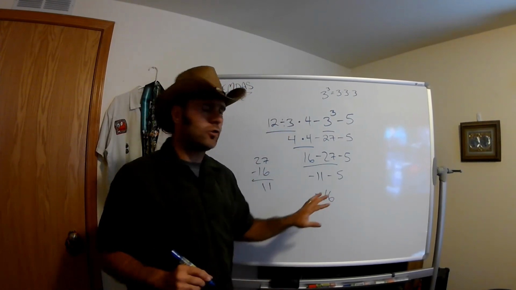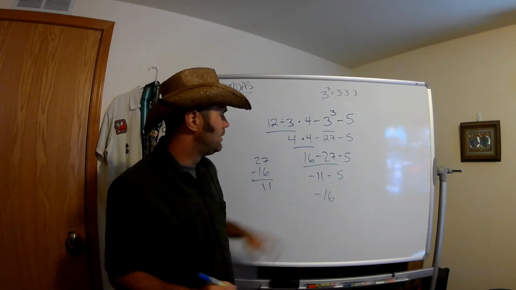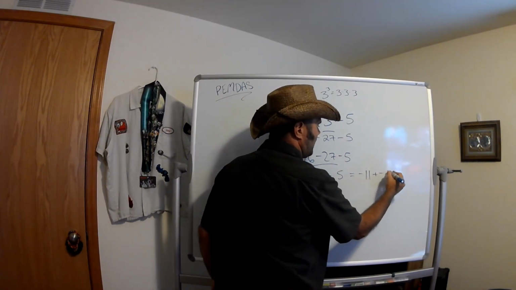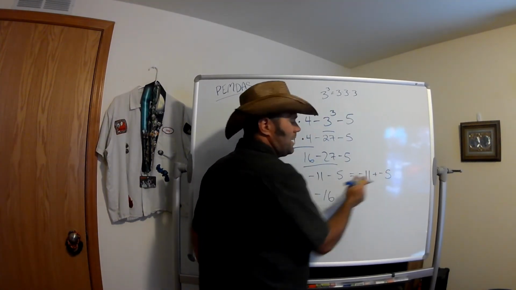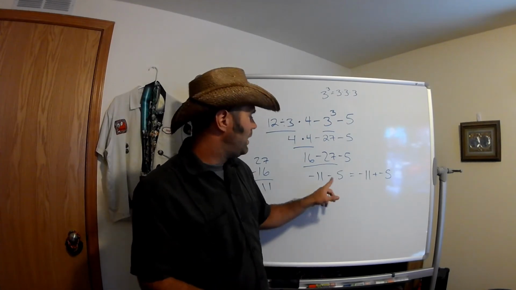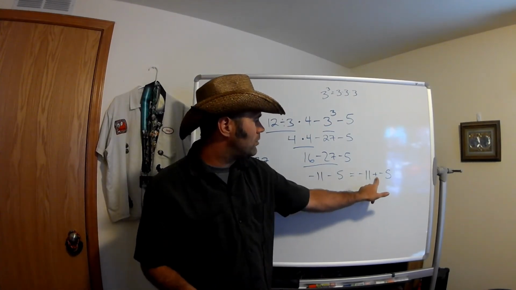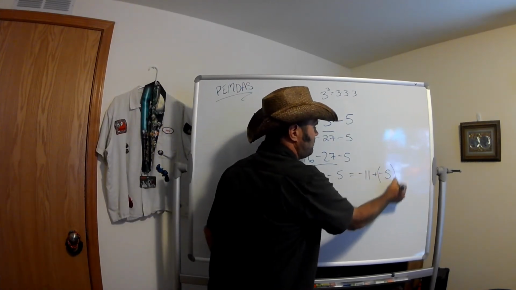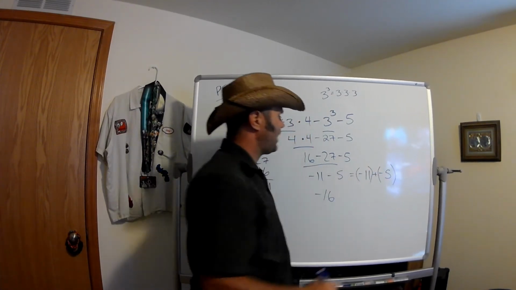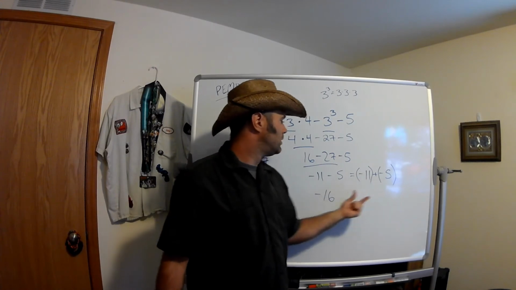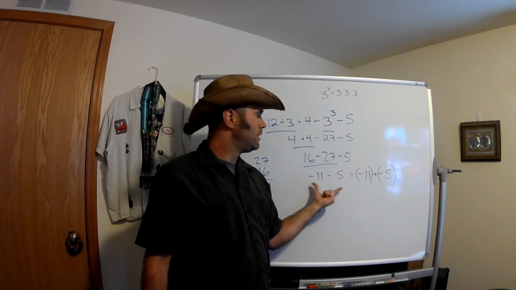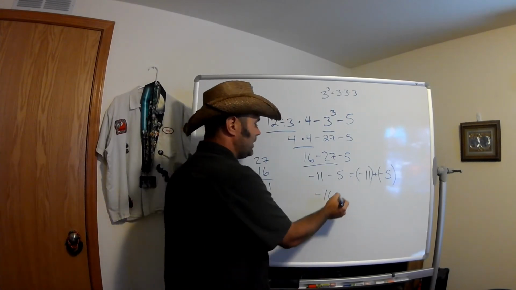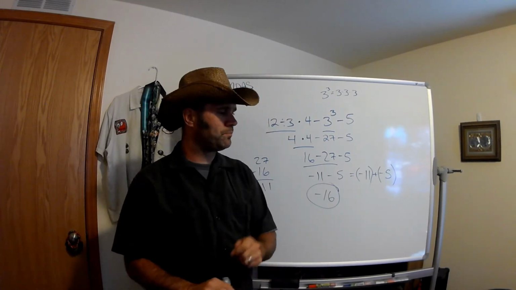And if you're not sure why I was able to do that, you might note that subtracting a positive is the same as adding a negative. And if you think about it, what we were doing was adding two negative numbers together. It just looked like this, but this is really what we were doing. So that's where we get the negative 16. And so there you go.